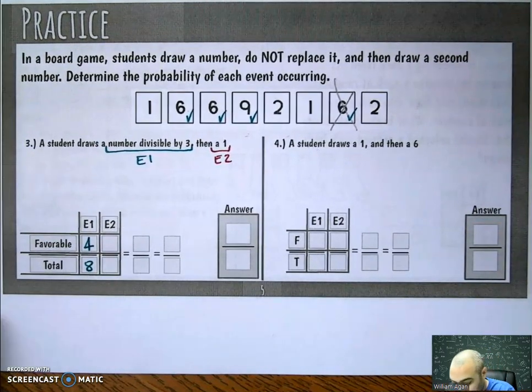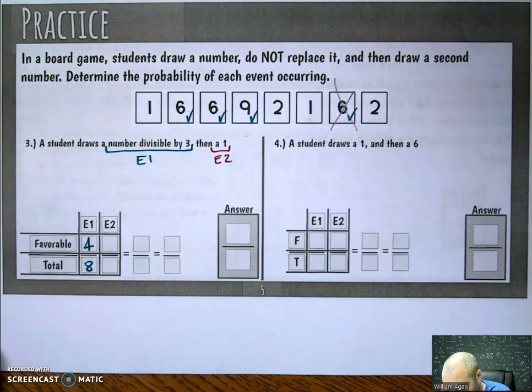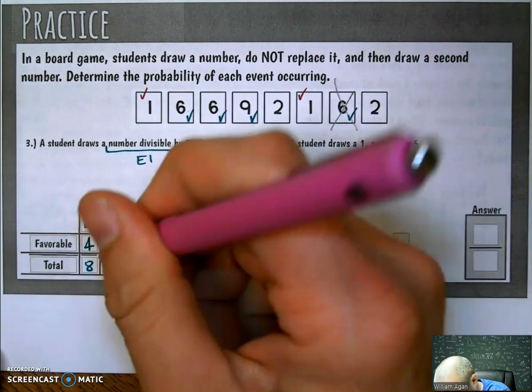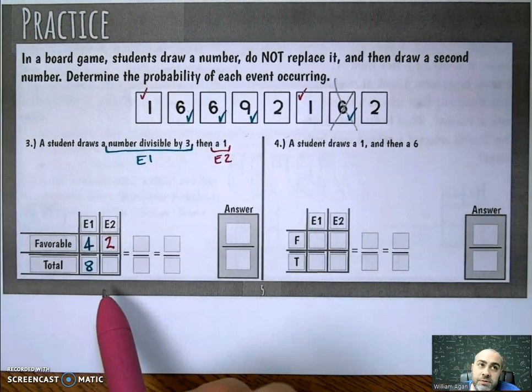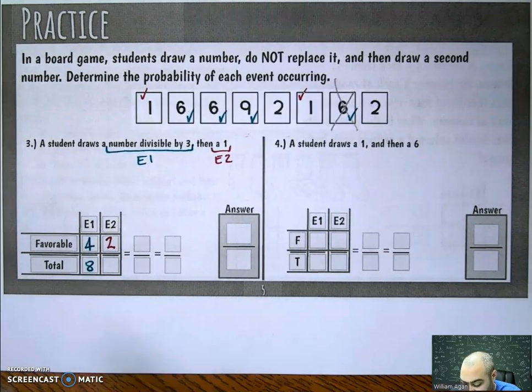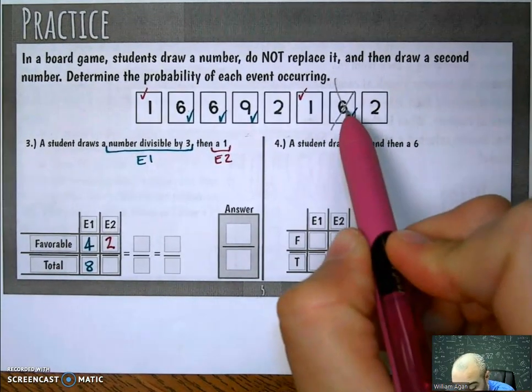That's what I got the first event, and it doesn't get put back. Okay, so now event 2, I need a 1. Okay, well, how many 1s do I have? Here's 1, and here's 1. So that's only 2 favorable outcomes. But, and this is the big deal with dependent probability, do I still have the same number of cards? No. Remember, I didn't put this card back.